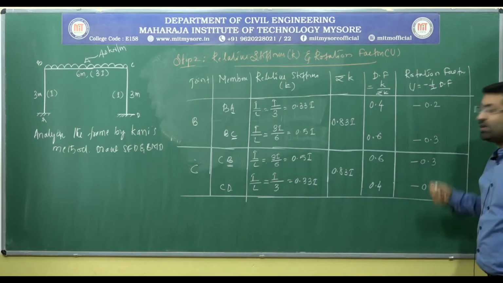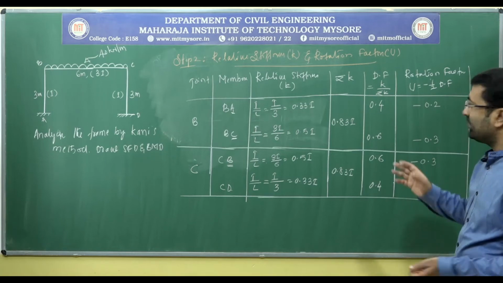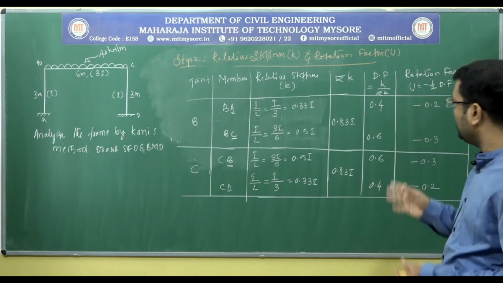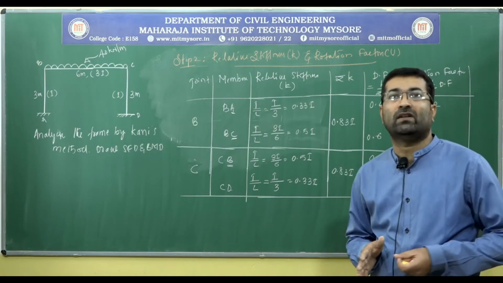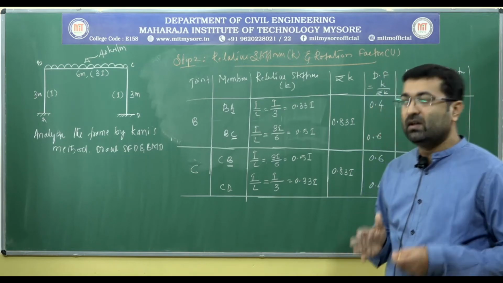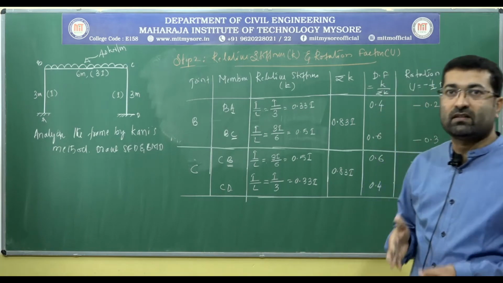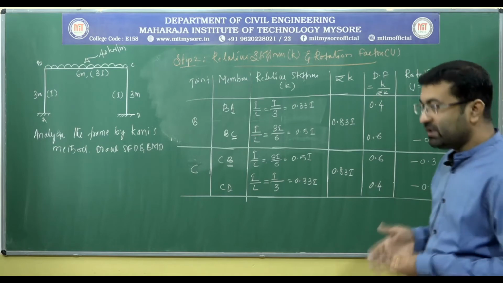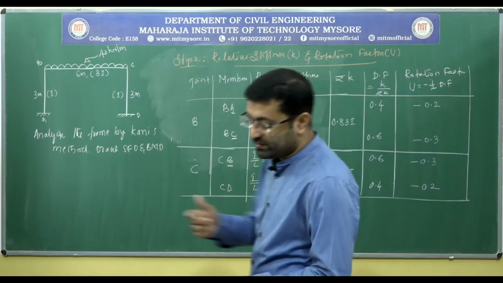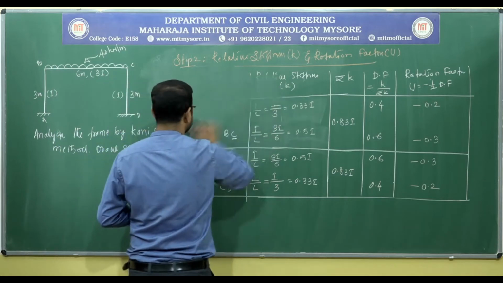So these are the rotation factors, and this completes their calculation. Here we have gone with a table where we estimate the relative stiffness of each member depending upon the far end conditions, and from the relative stiffness we have estimated the distribution factors and the rotation factors. These rotation factors are useful in calculating the rotation contributions in the next step, that is in the Kani's table.